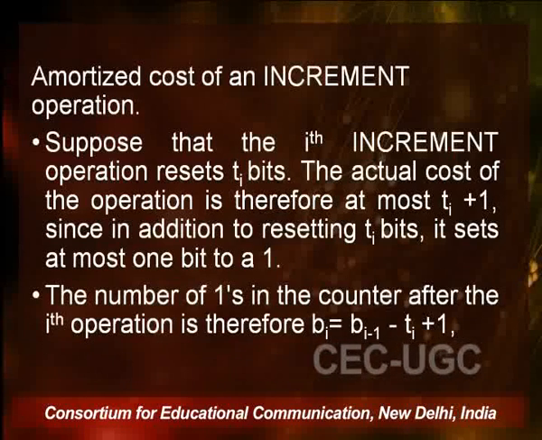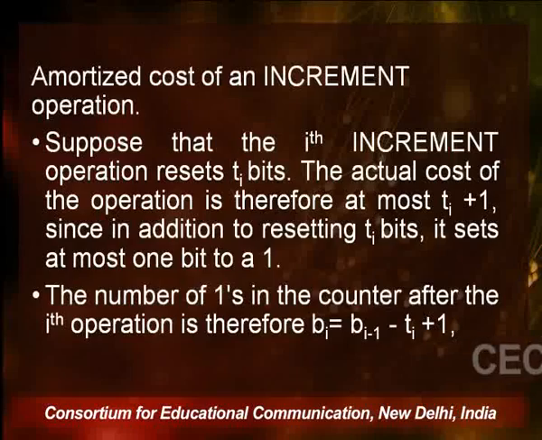So, we subtract Ti, because those bits are reset to 0 and are no more counted as ones. So, Bi minus 1 minus Ti, and plus 1, because it is going to set at most 1 bit to 1. So, we have Bi is equal to Bi minus 1 minus Ti plus 1. That is the expression we have here.